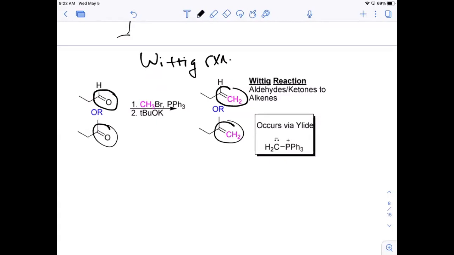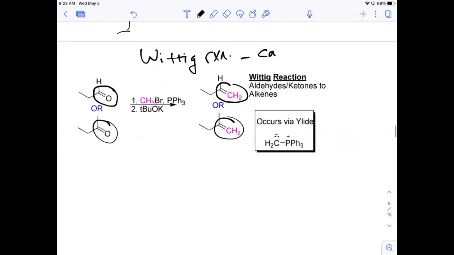It can be an aldehyde or a ketone. You can do this type of reaction on esters, but it's with a different set of reagents. So you go from a carbonyl to an alkene.